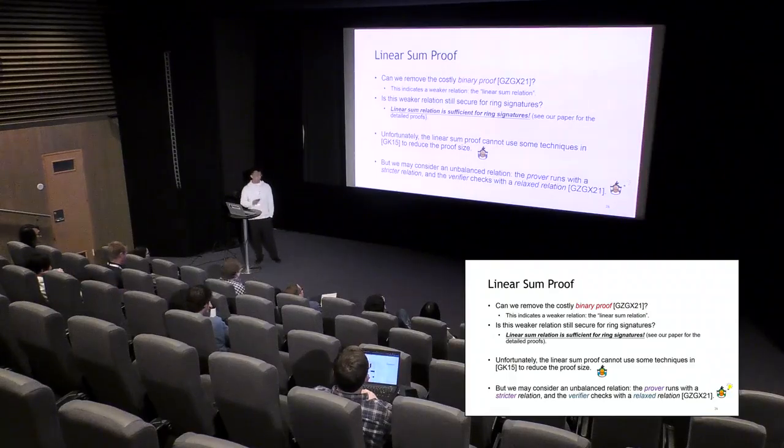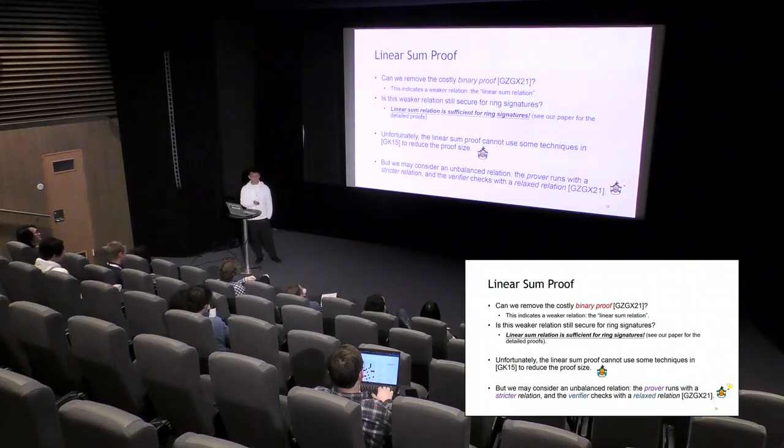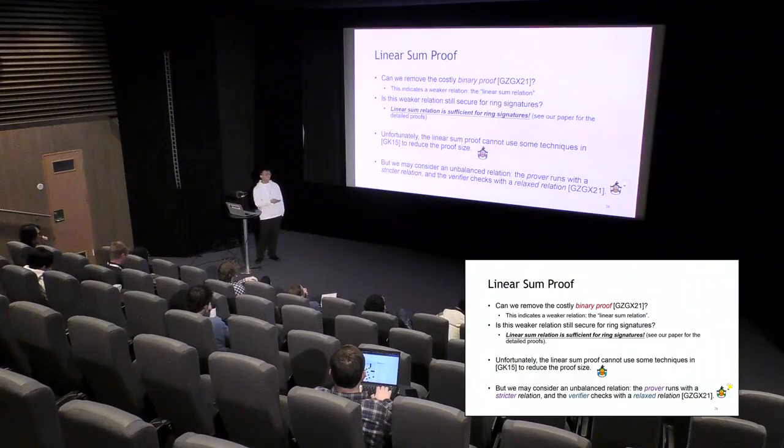But there is still a small problem that we have solved. In previous one-out-of-many proofs, we use the Kronecker product of the binary vector delta, and there are some small optimizations which can reduce the proof size from linear size to logarithmic size. But now, if we relax the one-out-of-many relation to the linear sum relation, can we still use these optimizations?